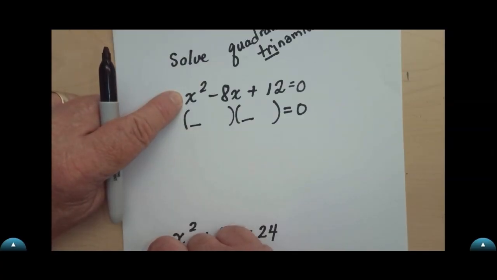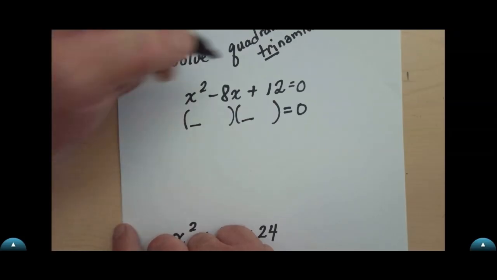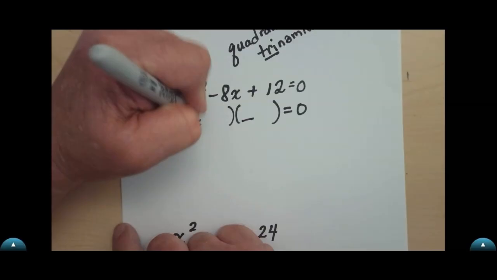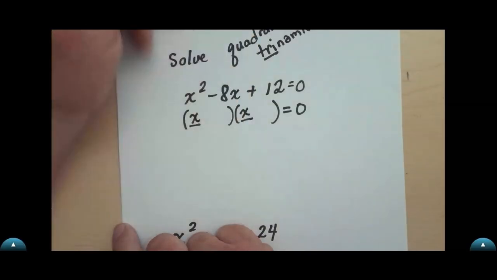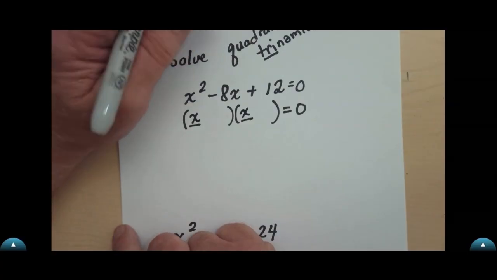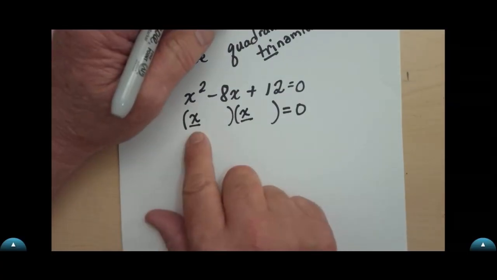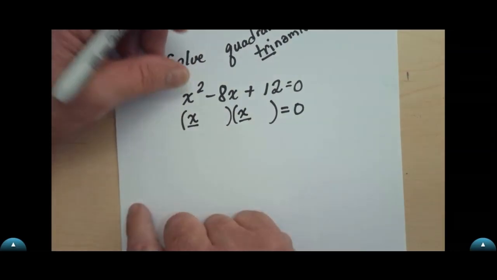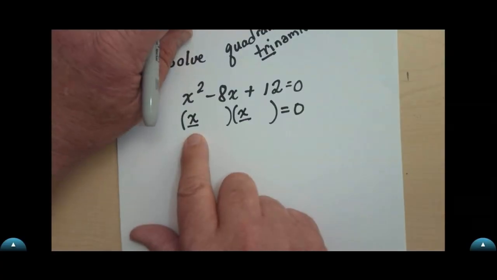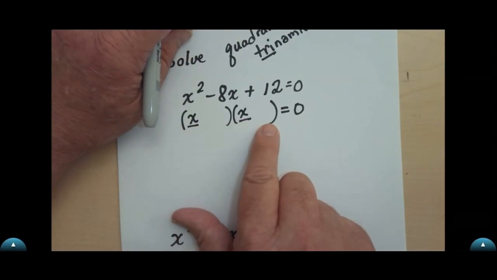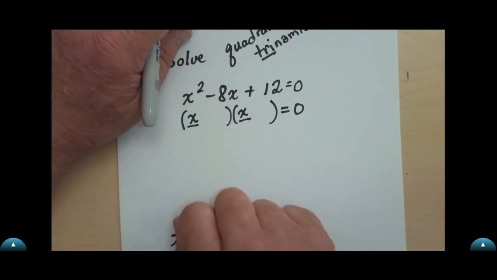So does everybody agree that the only pair of things you can multiply to get x squared is x times x, right? I mean, technically you could do 1 times x squared. There's other ways to do it too, but within reason, x times x is literally the definition of x squared. So we know when we look at this, we've got to start with x and x. So we've already found 2 of the 4 terms that go in these 2 sets of parentheses.